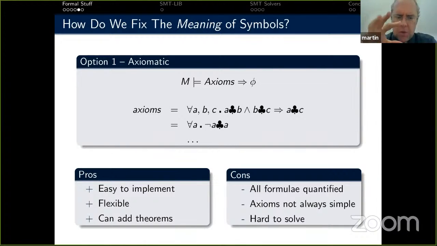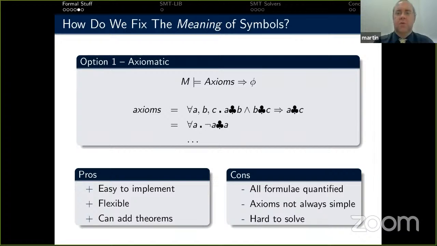So that's one approach. From a practical point of view, the axiomatic approach is good because it's easy to implement. Everything you ever need to care about is in the syntax of that logic. If someone doesn't put it in as an axiom, that's fine. Your parsing becomes really simple, your representation becomes really simple, and it's also really nice and flexible.